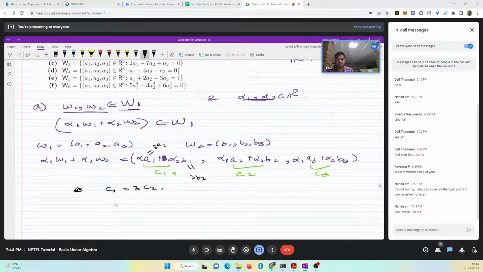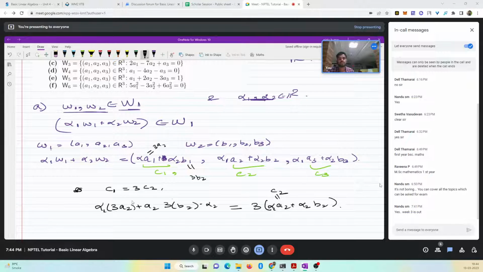So if we write this again, this would be alpha 1 times 3A2 plus alpha 2 times 3B2. If we take 3 common, this is 3 times alpha 1 A2 plus alpha 2 B2, right? So we obtained the same as C2. So C1 we obtained as 3 times C2.